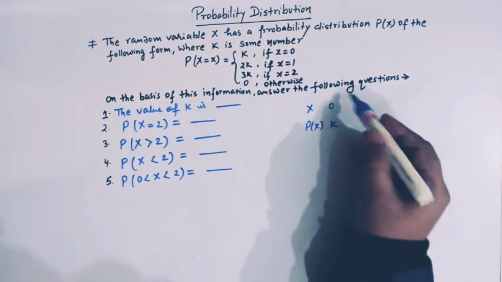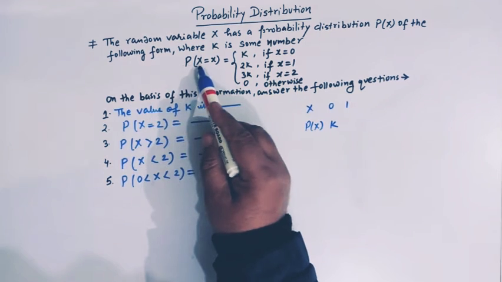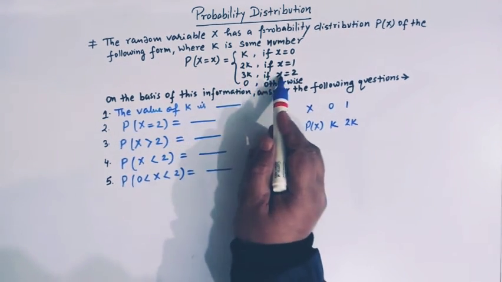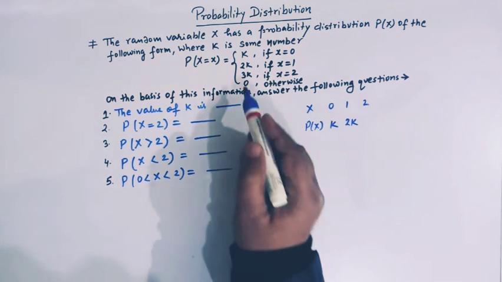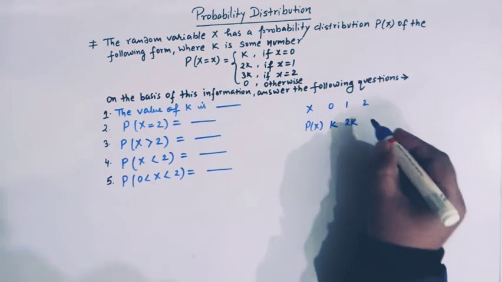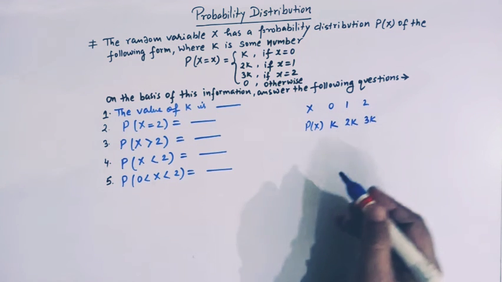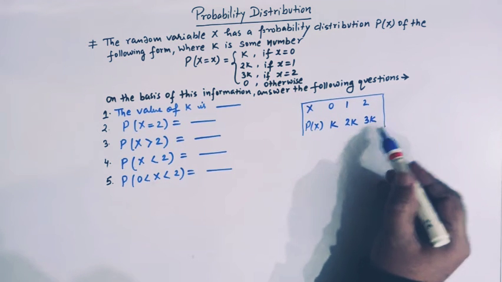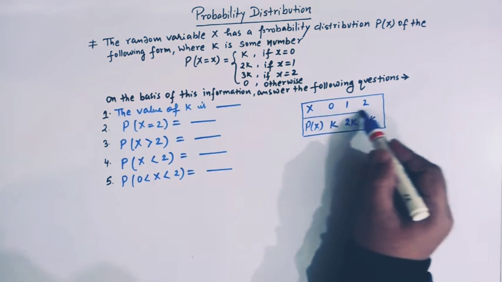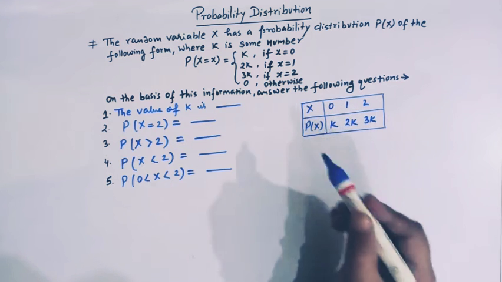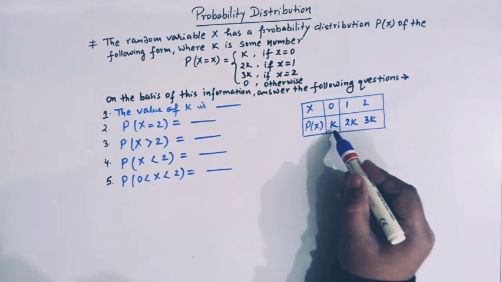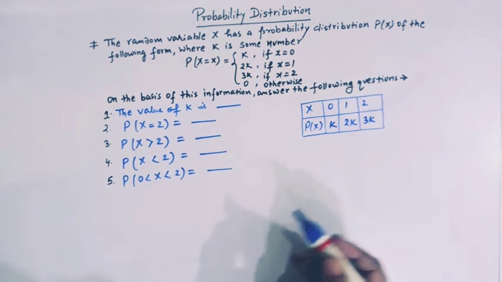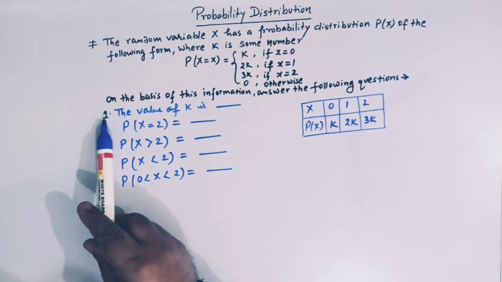When x is 1, the value of p of x is 2k, and when x is 2, the value of p of x is 3k, right? So this is the probability distribution table for this random variable x, and here this k is some constant, right?